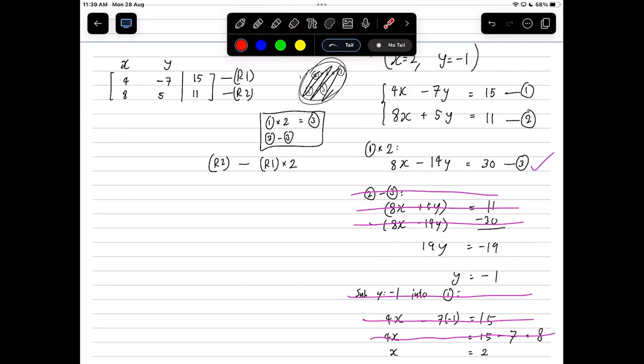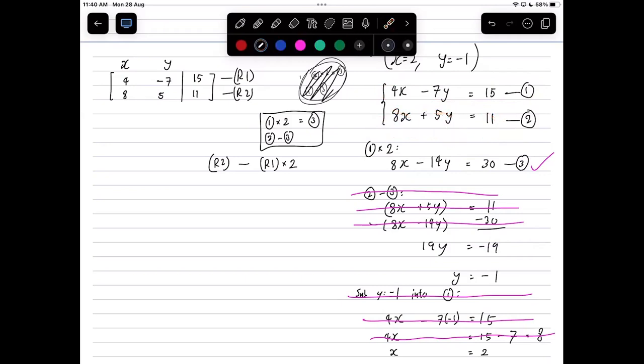You take 2 copies of equation 1 and subtract it away from equation 2. So this becomes 0x, then a positive 19y, and a negative 19. Can you see that?